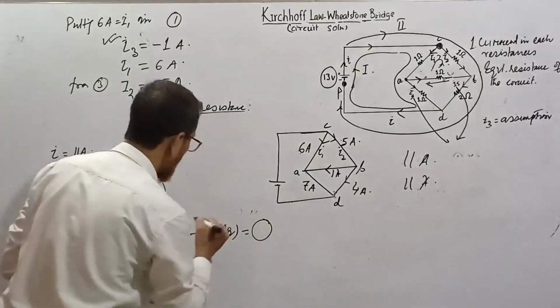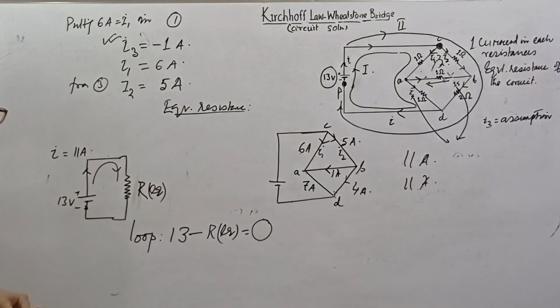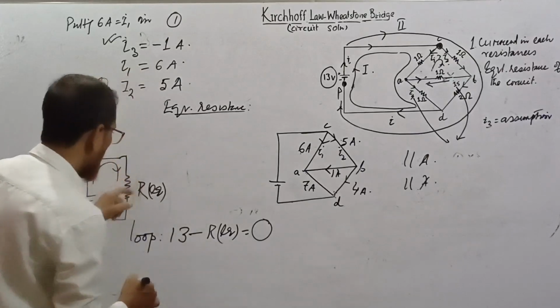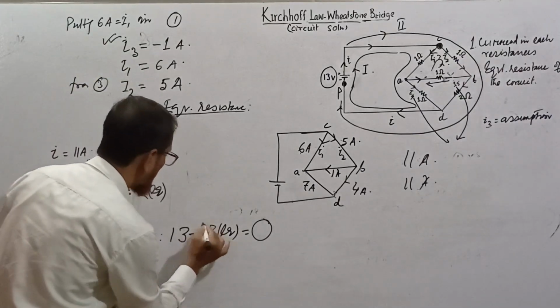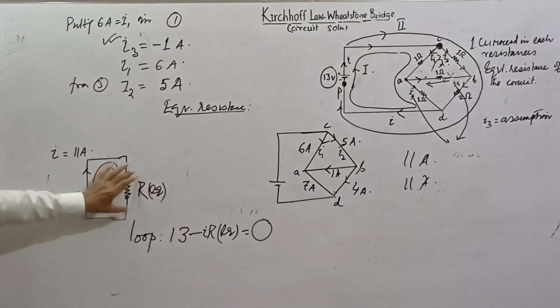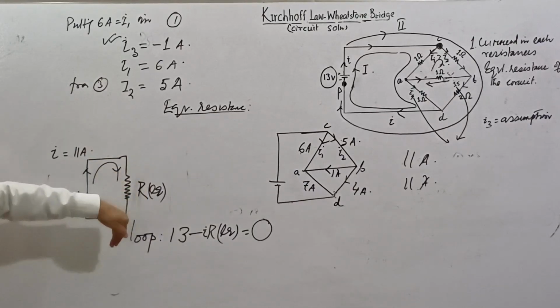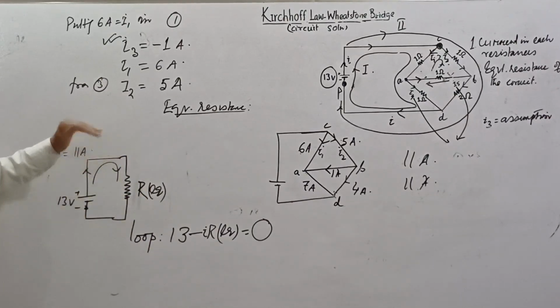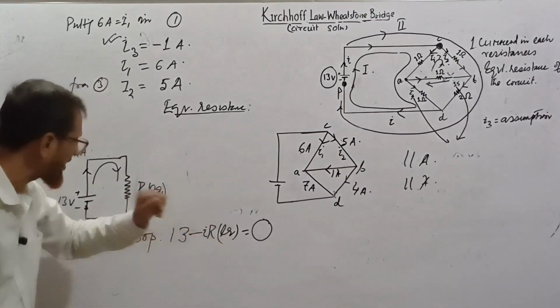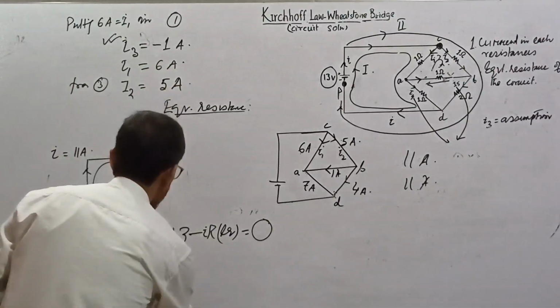According to this it is equal to, sorry, that should be I into R. The voltage drop along the direction the current enters, the equivalent resistance, we need to find out.